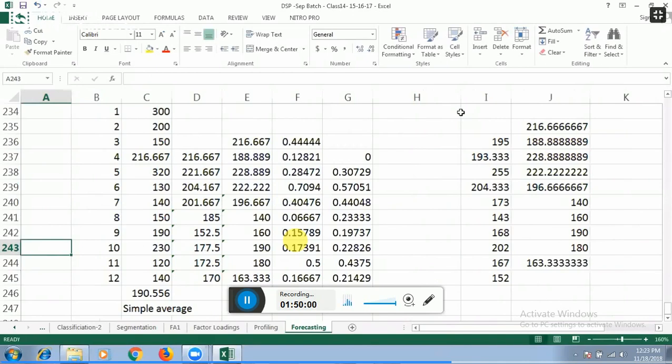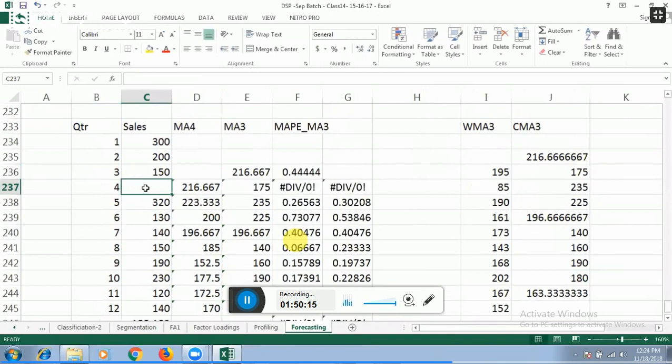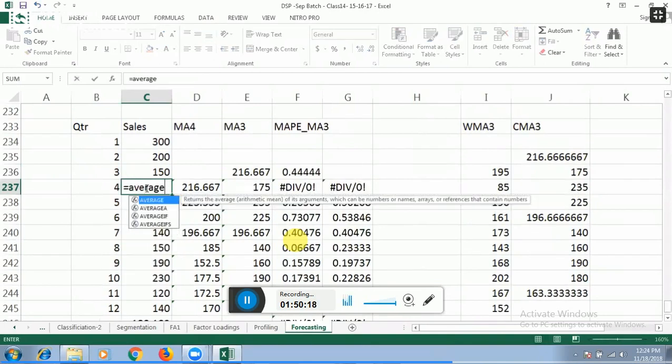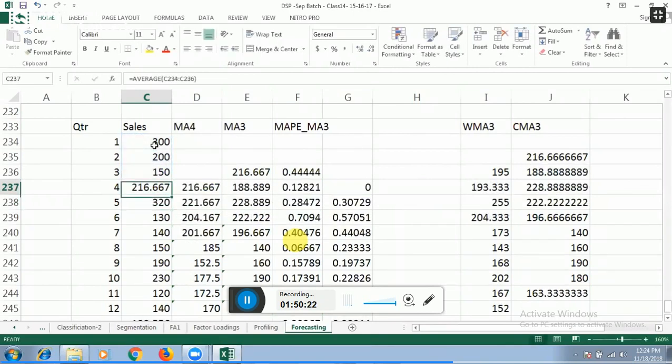Any questions on this? Chandra, yeah. Can you show one example of the missing value imputation with the help of moving average? I just showed you, right? Look at this one: if this is missing, what I'm saying is take the average of the previous 3 values or previous 4 values. Suppose the data is on a quarterly basis, probably a moving average of 4 is ideal.